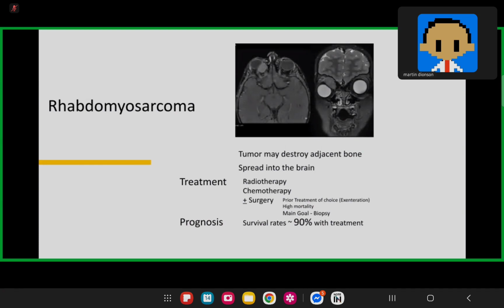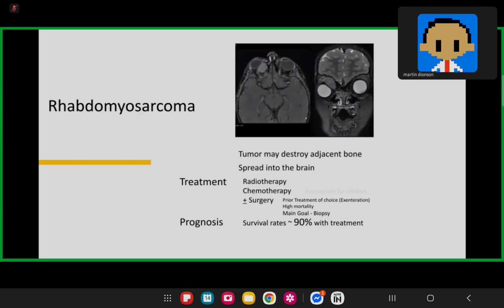Due to the high mortality, technology prompted the use of radiotherapy and chemotherapy as the main treatment for rhabdomyosarcoma. Now the prognosis is about 90% with treatment.